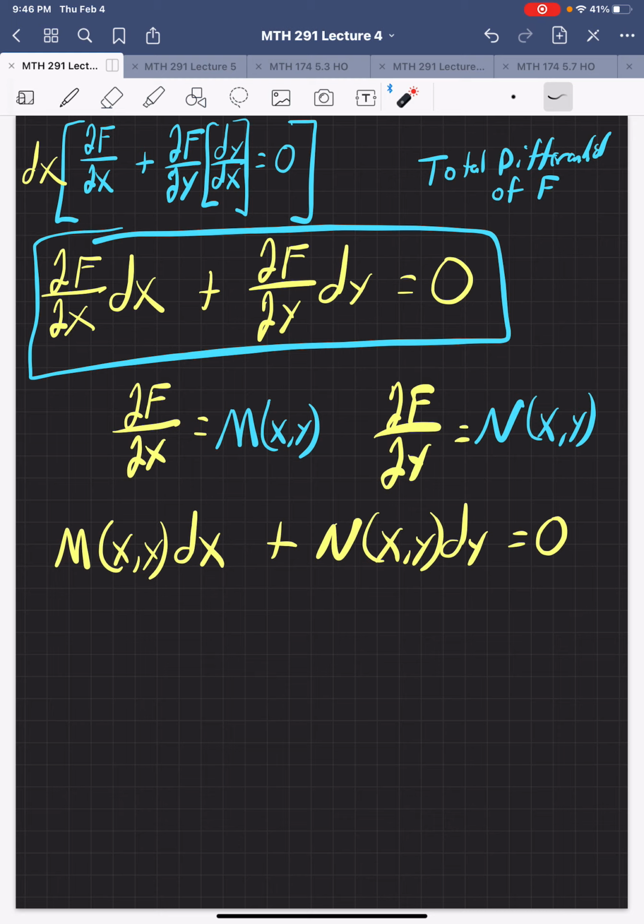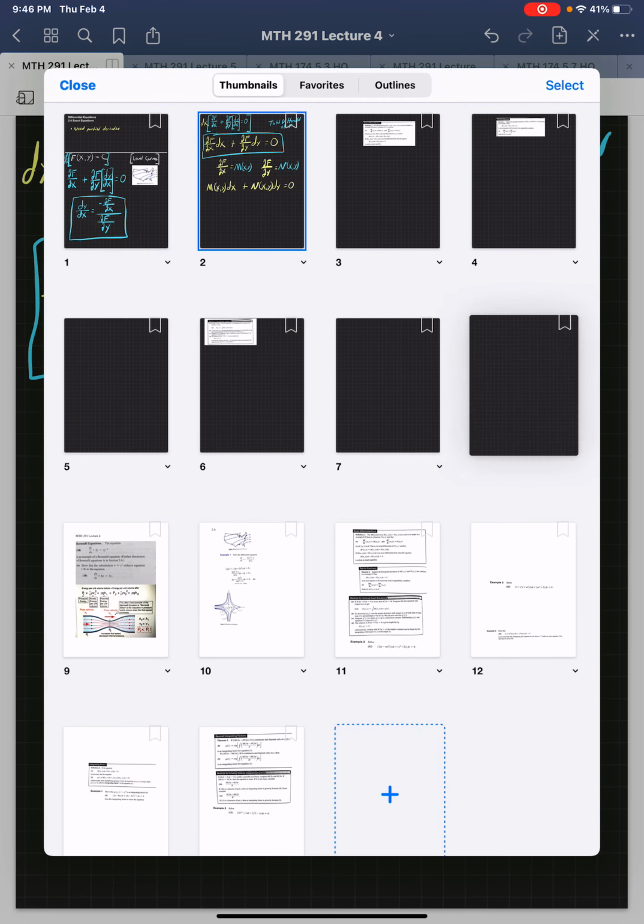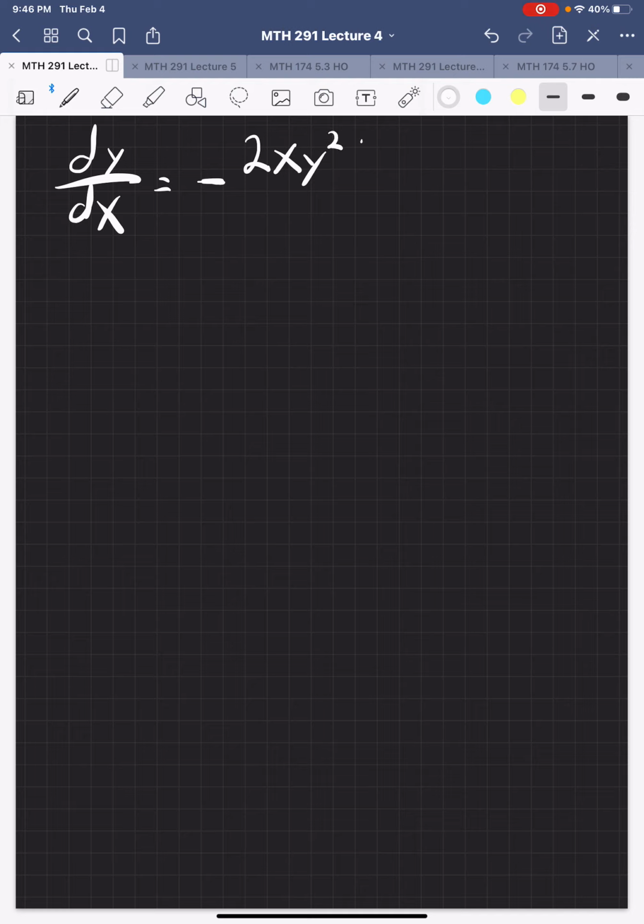So let's jump into an example. dy/dx is equal to, let's go ahead and write it as, negative (2xy squared plus 1) over 2x squared y.